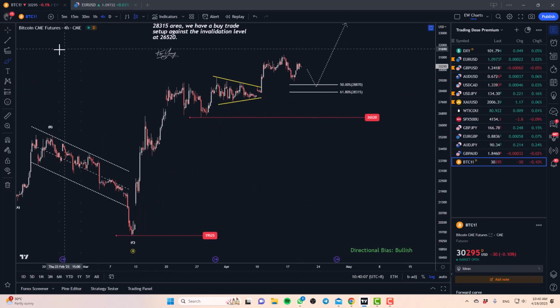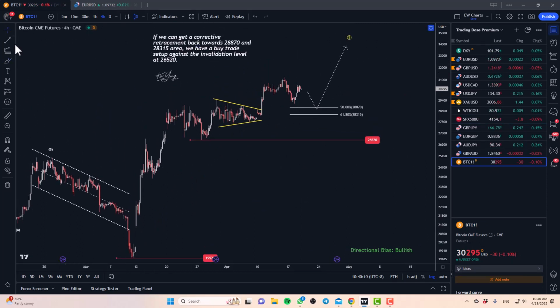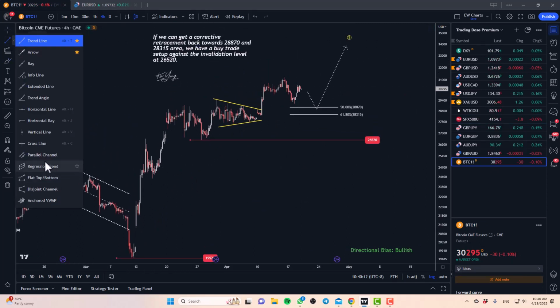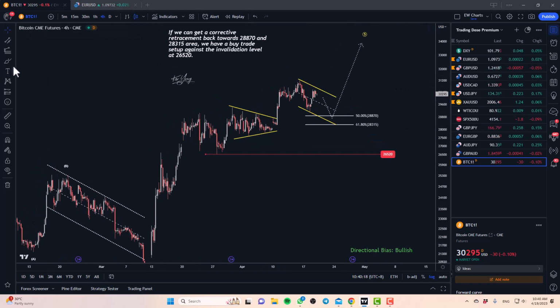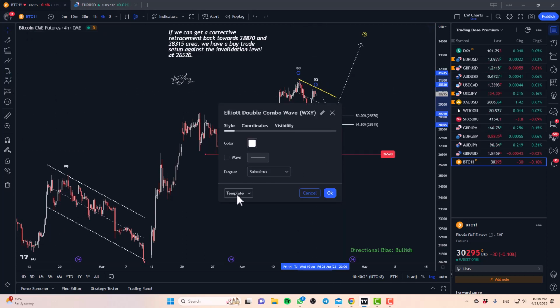And then we have Bitcoin. Bitcoin over here seems like it's developing a corrective pullback, which is great because that means we may have a little bit more upside. If I put this here as a potential mini 3-wave, that's how it's going to look.